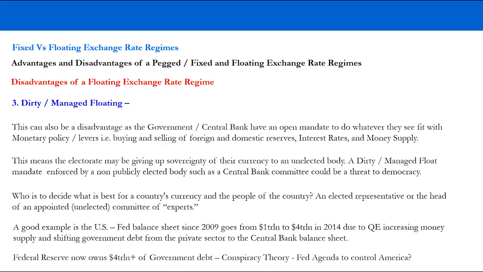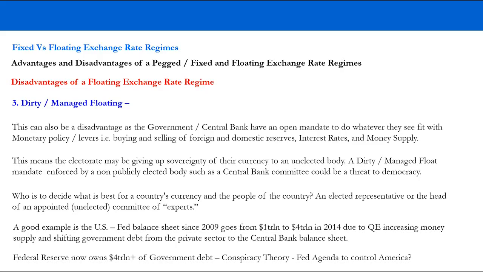But the Fed's balance sheet growing from 2009 from 1 trillion to 4 trillion in 2014 due to quantitative easing, as in increasing the money supply and shifting government debt from the private sector to the central bank balance sheet, because quantitative easing is the central bank essentially purchasing government bonds, and those bonds sit as assets on the Federal Reserve's balance sheet.